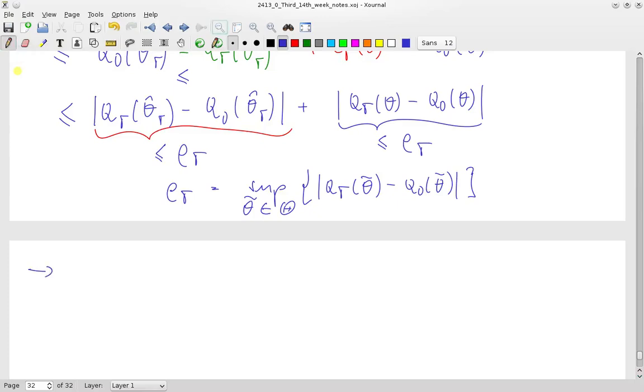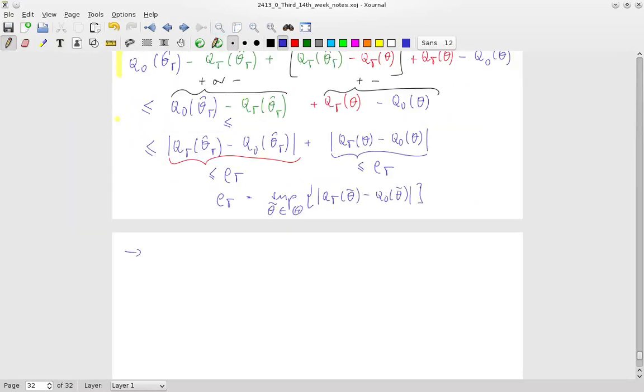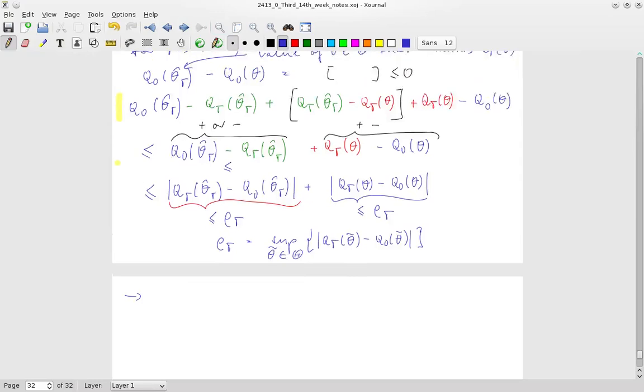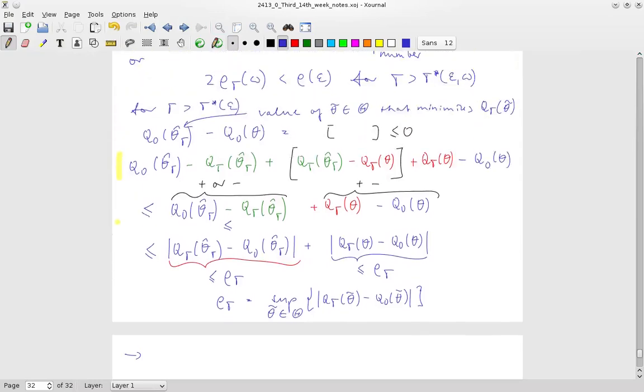So let us write down what we found. The object that we started with was actually this difference. You see it. This is where the equation starts, which is the left-hand side of this inequality.